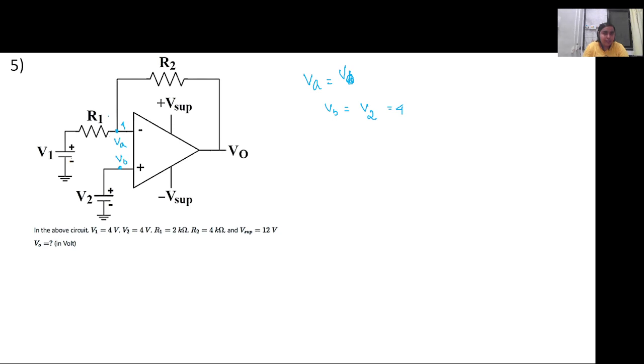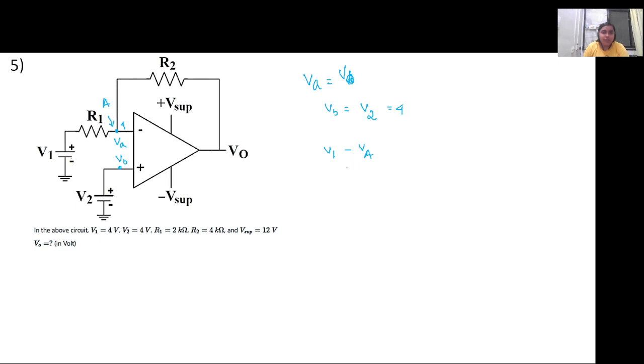Now you will apply KCL at this particular point A and you'll be able to figure out V naught, right? So this is V1 minus VA. Ma'am, we'll get 0. V1 minus VA, we are getting 0.